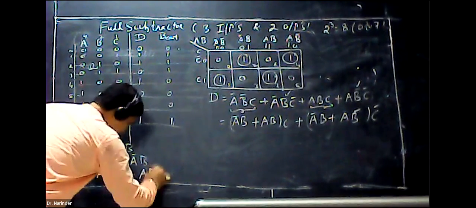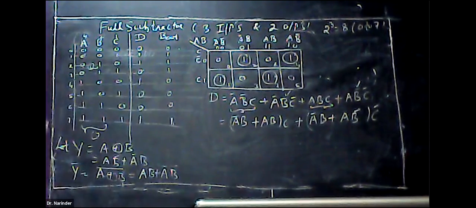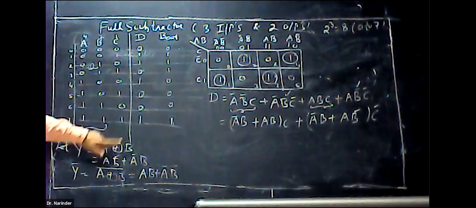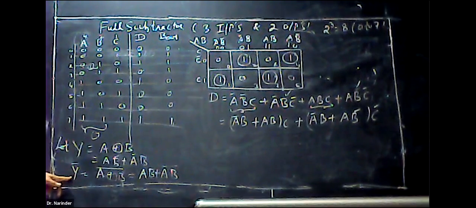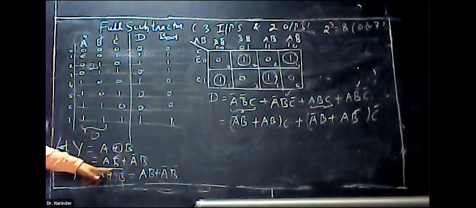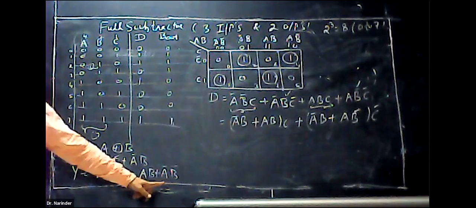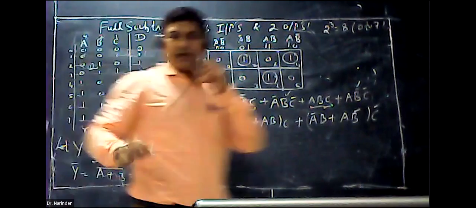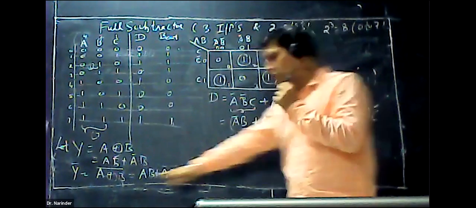That is AB plus A bar B bar. Understand it carefully. A XOR B means AB bar plus A bar B. Y bar, means XNOR. XNOR's output is AB plus A bar B bar.